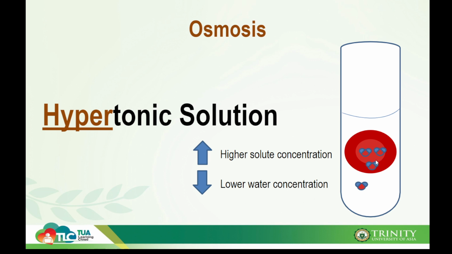In this image, we can see that there are more water molecules inside the cell and lesser outside. So how will water move? It will move from inside the cell to the outer solution. So lalabas yung water molecule. So what will happen to the cell? The cell will get dehydrated, it will shrink, and the process of shrinkage is what we call crenation.